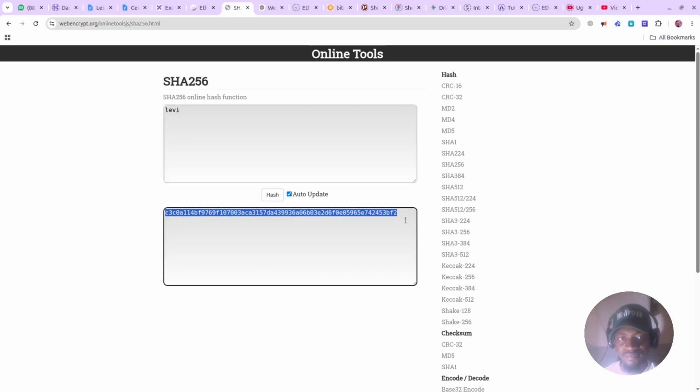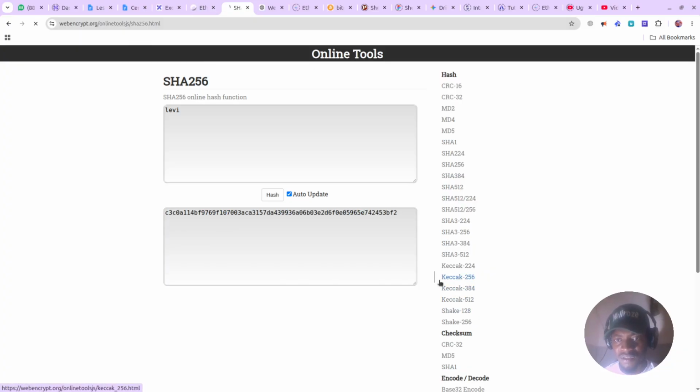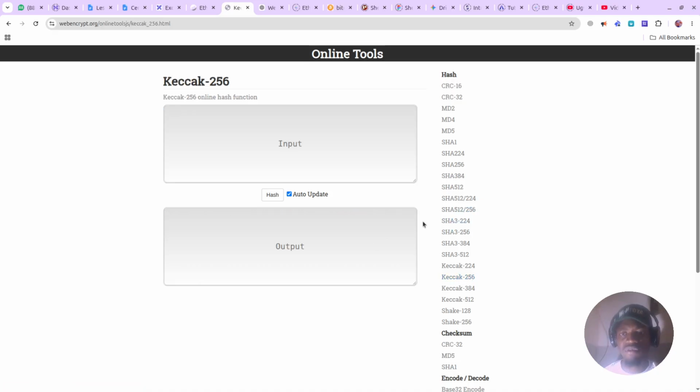Never. That's the idea of hash. So this is what blockchain uses under the hood. Ethereum uses Keccak 256. Bitcoin uses SHA 256.